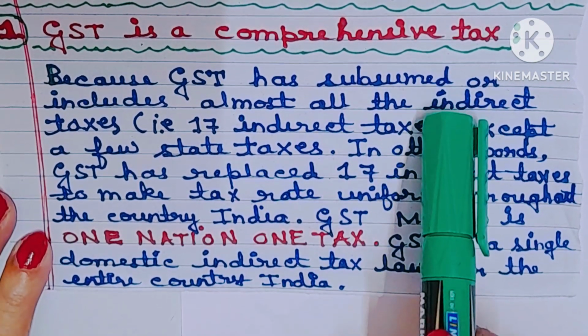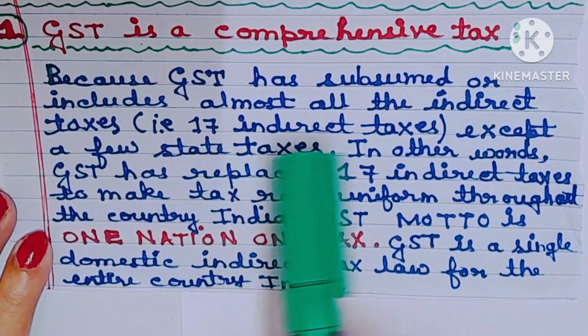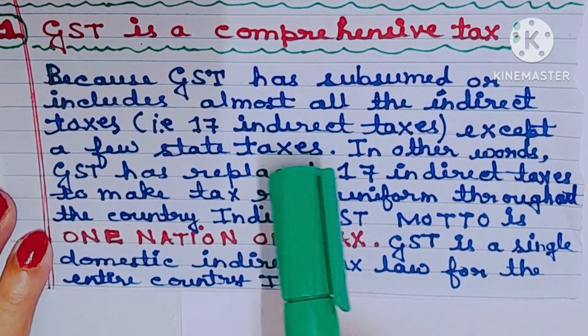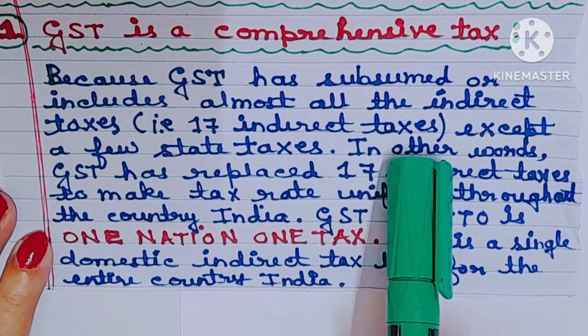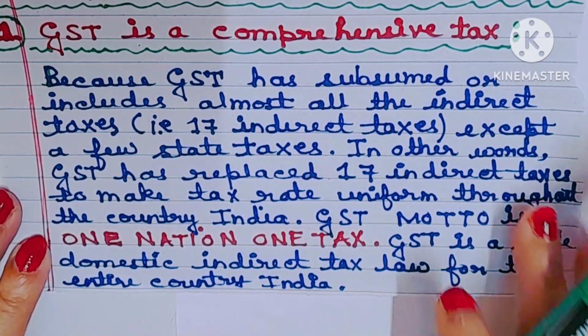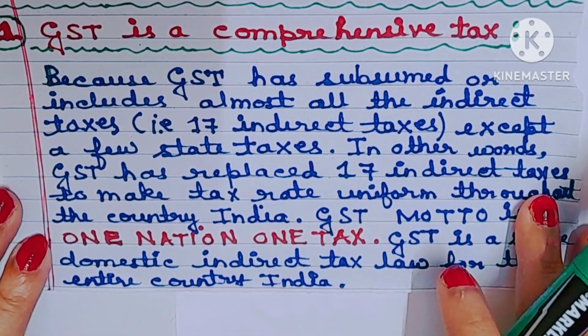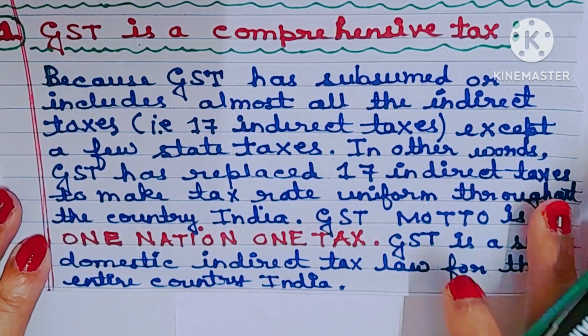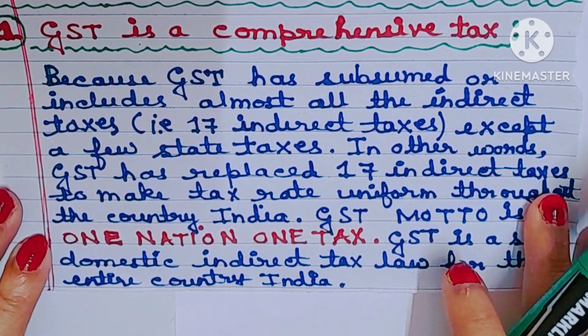subsumed, means also includes, almost all the indirect taxes, that is 17 indirect taxes except a few state taxes like value added tax or VAT and central excise duty and central sales tax.